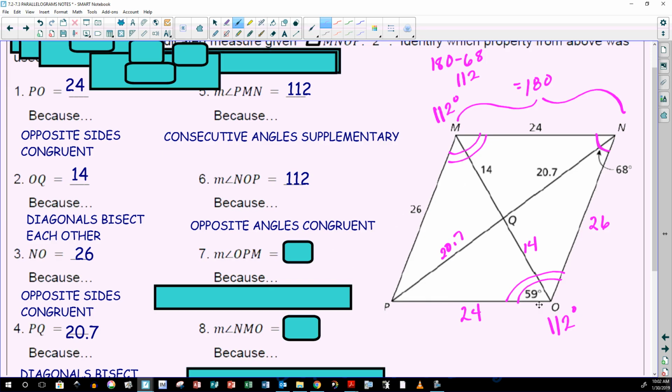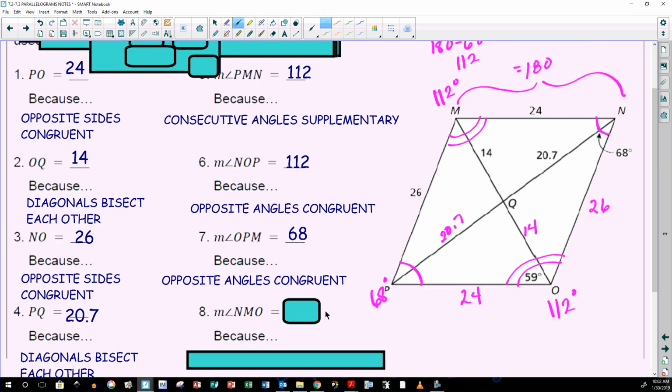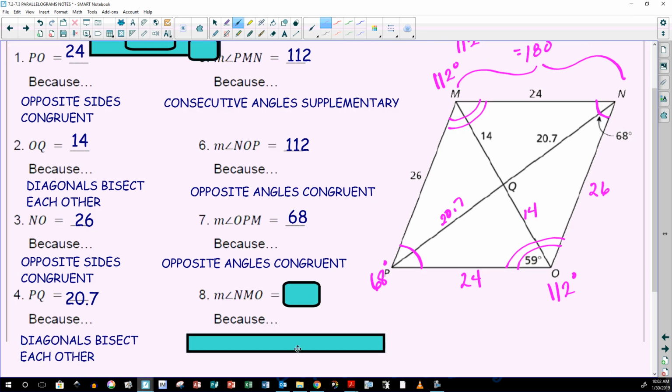OPM, so that's this entire angle here. Well, if this entire angle is 68, then this one is 68 as well because opposite angles are congruent. And NMO, MO is this little piece right here.